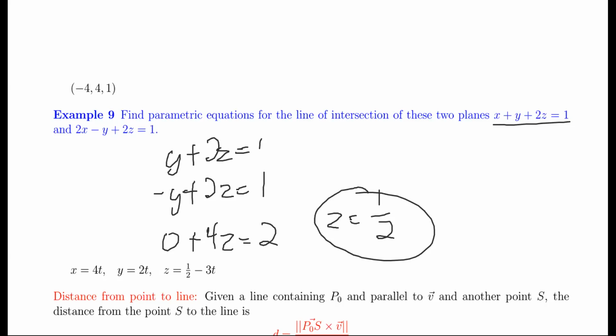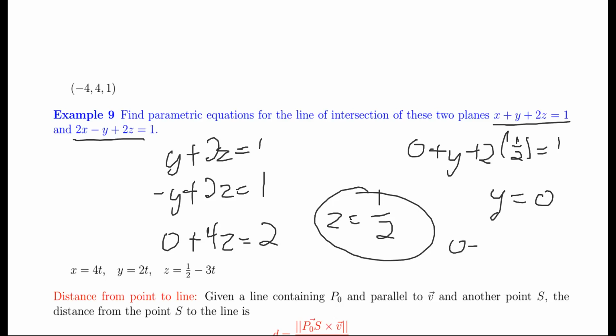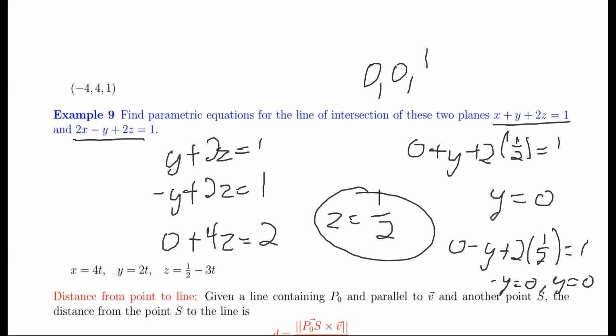That tells us we get 0 plus y plus 2 times 1/2 is equal to 1, or in other words, y is equal to 0. Notice if we plug this into the other equation, 2 times 0, we said x was 0 here, is 0, minus y plus 2 times 1/2 is equal to 1. We get negative y is equal to 0, or y equals 0 again. So we do in fact see that the point 0, 0, 1/2 satisfies both of these planar equations.